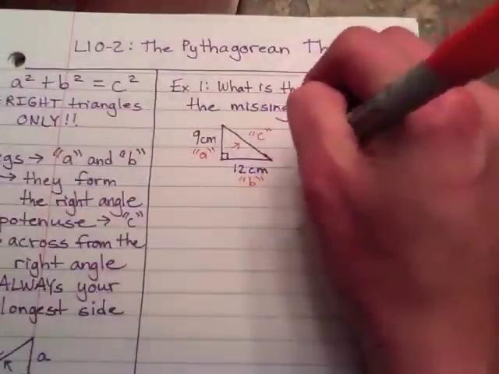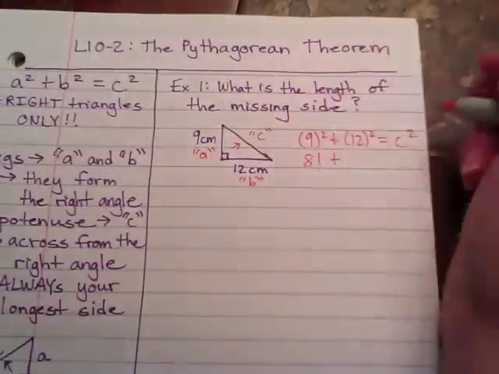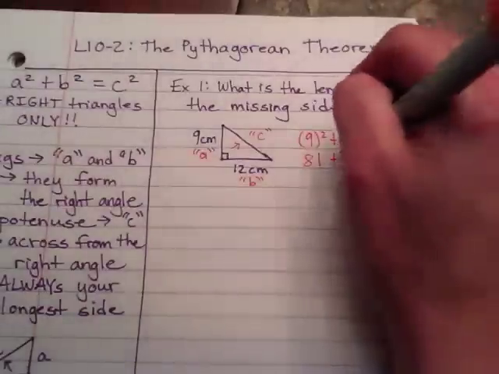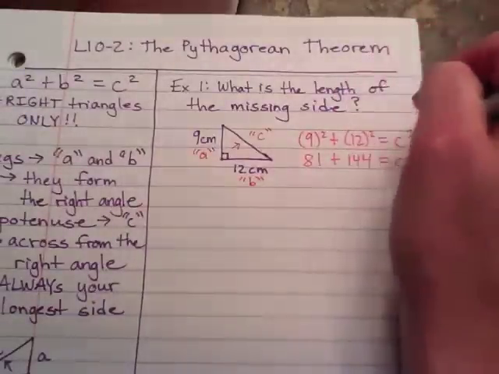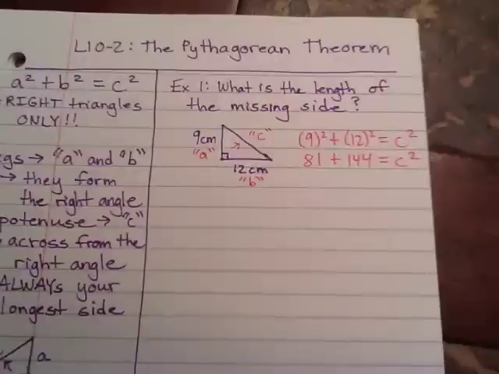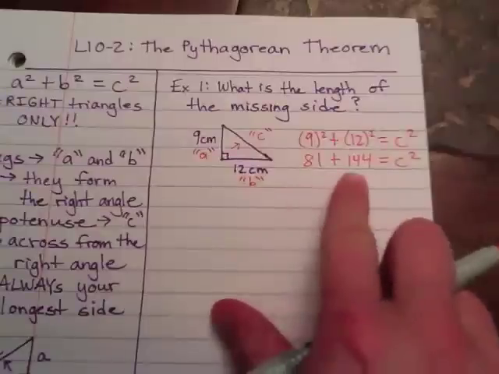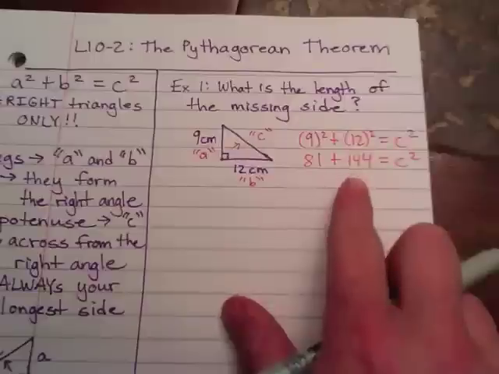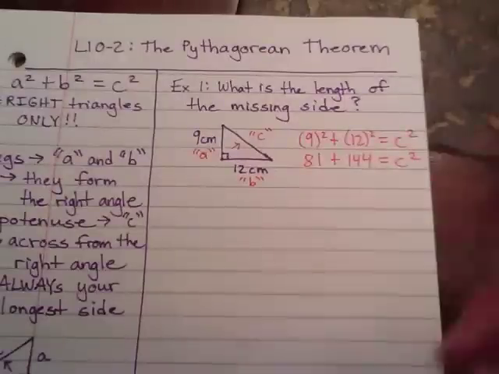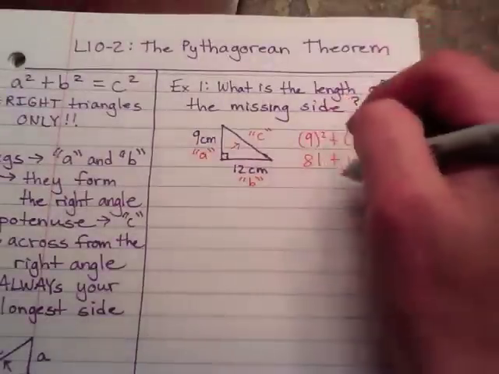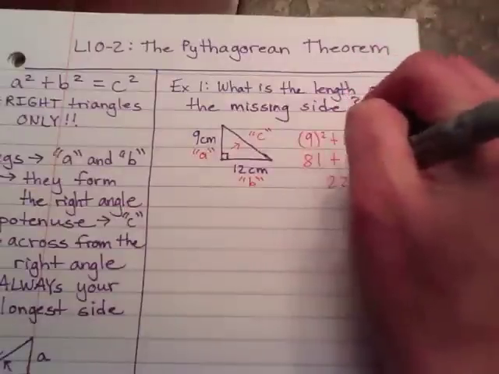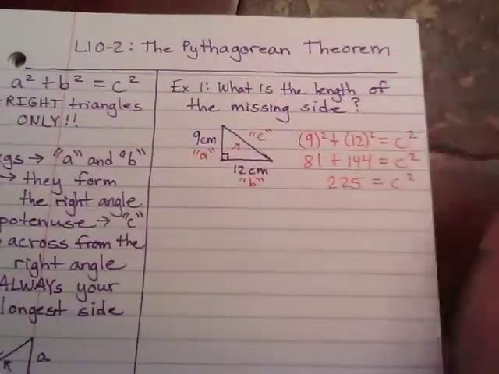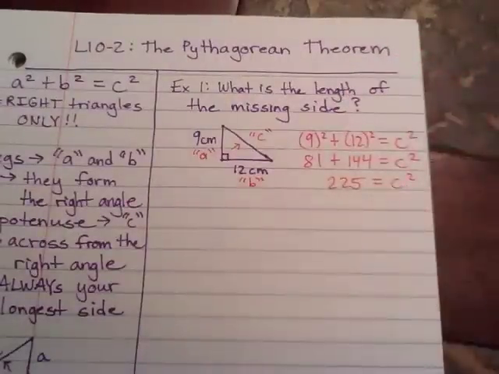So 9 squared is 81. 12 squared, 144, equals c squared. So now you add 81 plus 144, and you get 225 equals c squared. And now from our previous chapter, you know how to solve this.